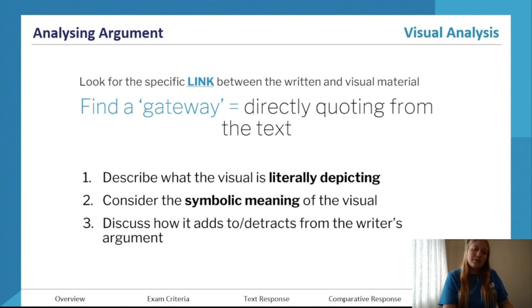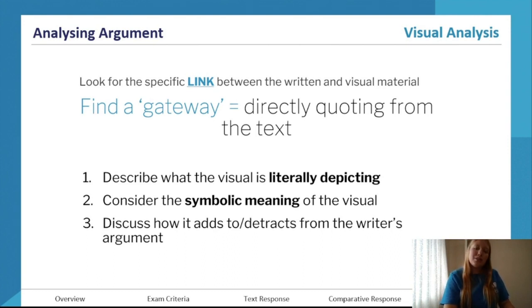So we will quote from the text, we'll describe what the visual is literally depicting as a whole, but then we'll zoom into the little features using appropriate terms such as foreground, background, symbols to consider the symbolic meaning of the visual. And we'll analyze it, discussing how it adds to or detracts from the writer's argument.